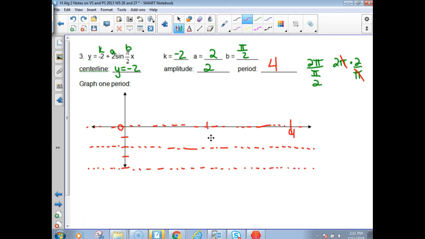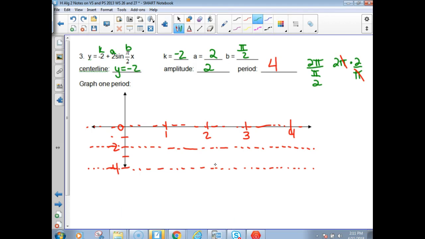I'll cut that in half, which would be 2. Half of 2 is 1. So this is labeled 1, 2, 3, 4 on the x-axis. On the y-axis, it's got 0, -2, and -4. Those need to be there.